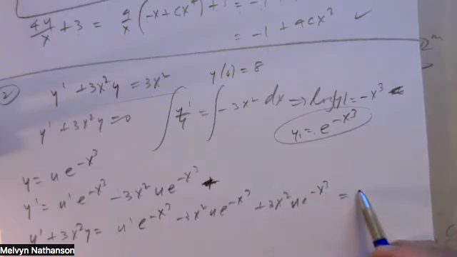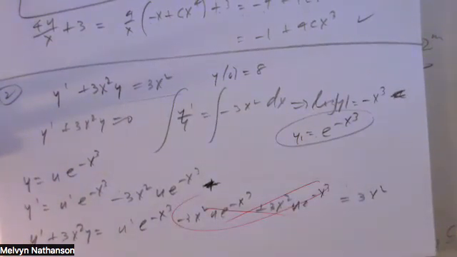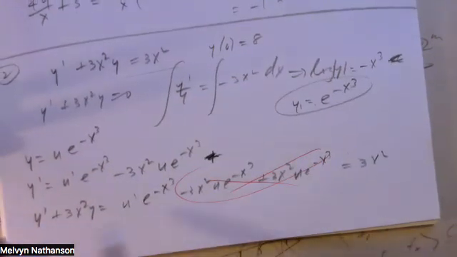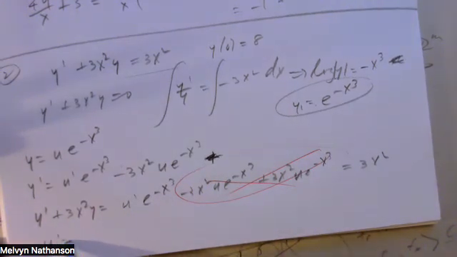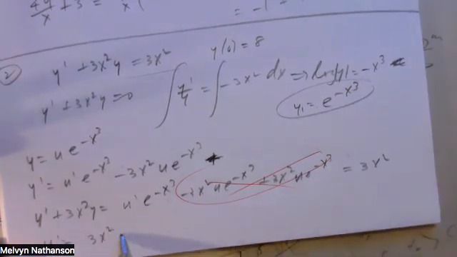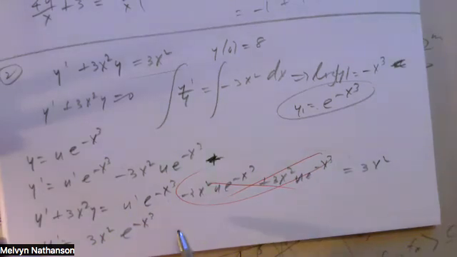And all this is supposed to equal 3x squared. And again, these terms cancel. So I get u prime e to the minus x cubed equals this. So u prime equals 3x squared e to the minus x cubed.